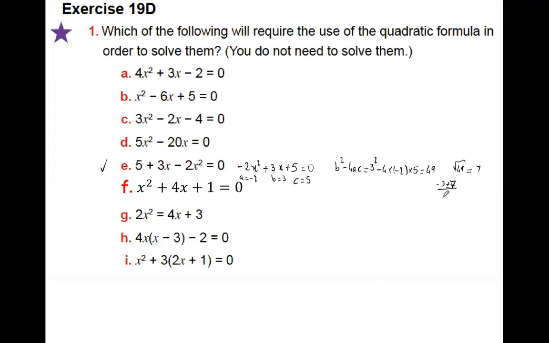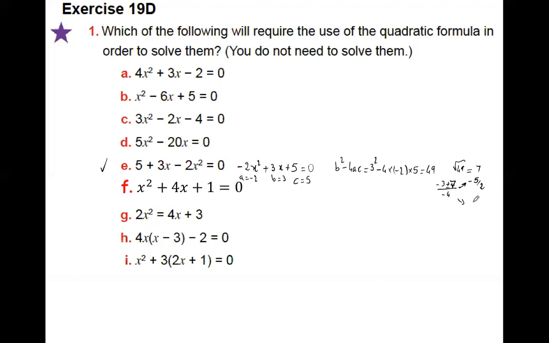over 2A. So what was A again? Negative 2, so negative 4. So negative 3 minus 7, that's negative 10. Negative 10 divided by 4 is negative 5 over 2, minus 2.5 would be one answer. The other one would be negative 3 plus 7, that's 4.